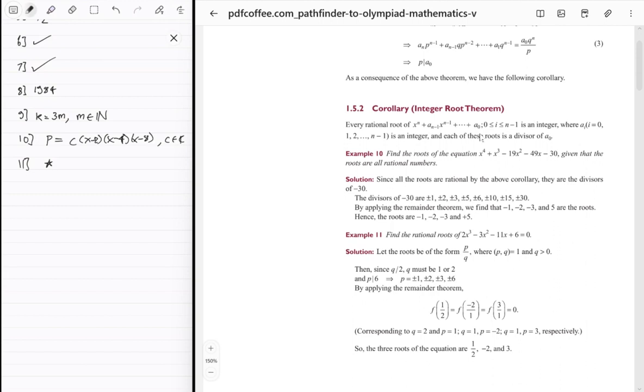The root is an integer, and each of these roots is a divisor of a0. That is weird. Every rational root of this thing is an integer. So if it's a monic polynomial and the coefficients are integers, then every rational root is an integer basically.